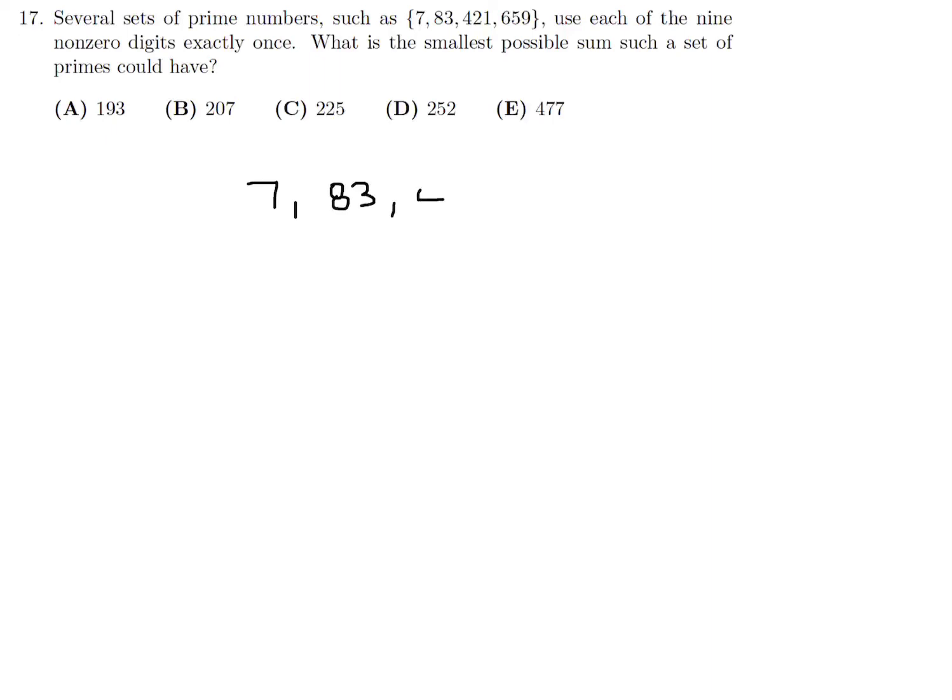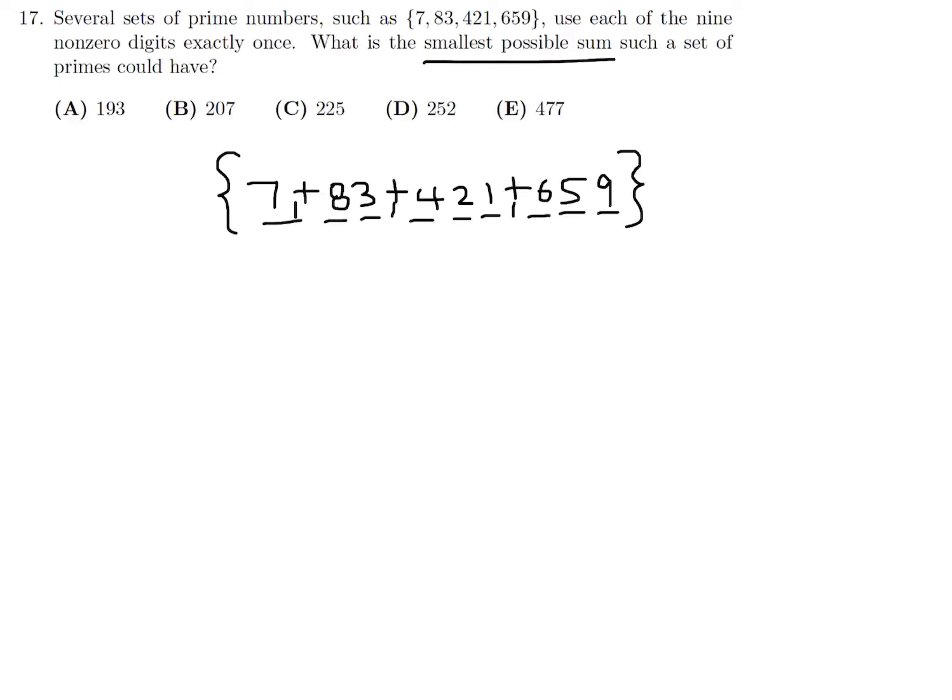They basically mean that you have this set, and all 4 of these numbers are prime. And to create these numbers, they used all the numbers from 1 to 9. So we got 1, 2, 3, 4, 5, 6, 7, 8, 9. And they're saying, create another set like this, but a set that has the smallest possible sum if you were to add up the numbers.